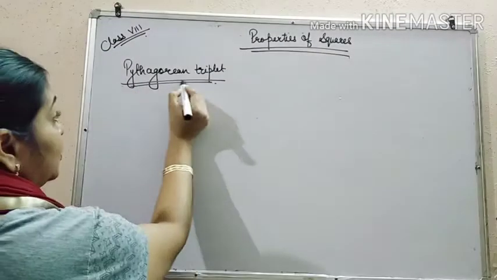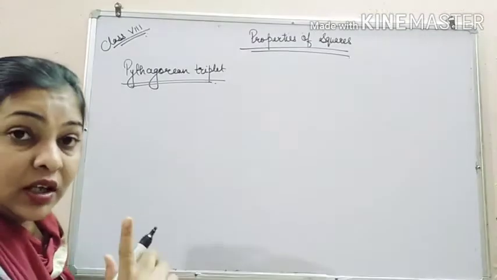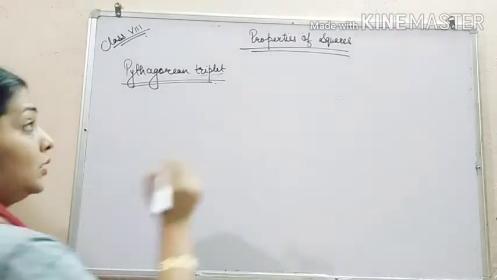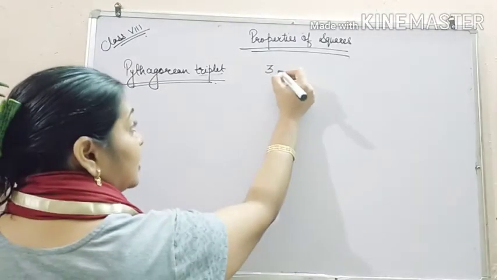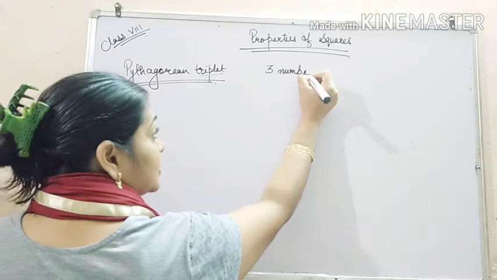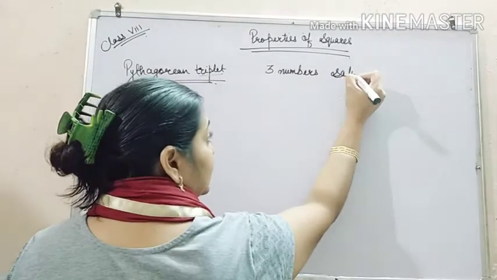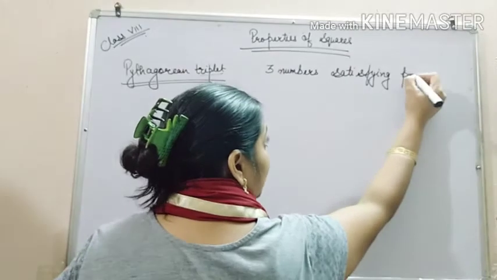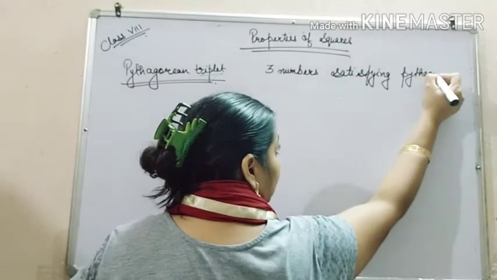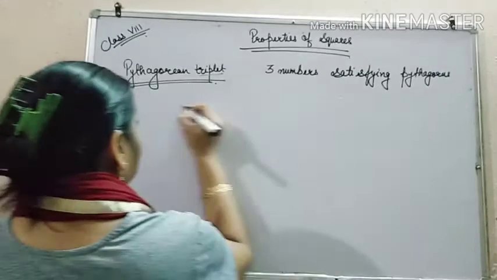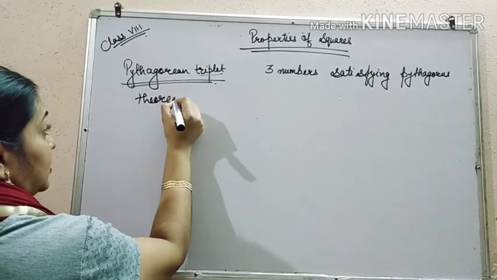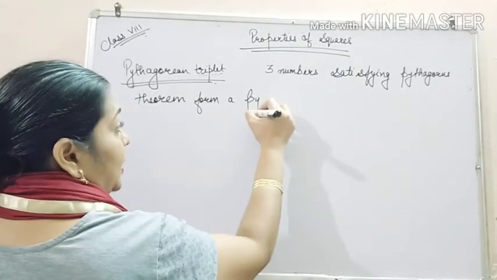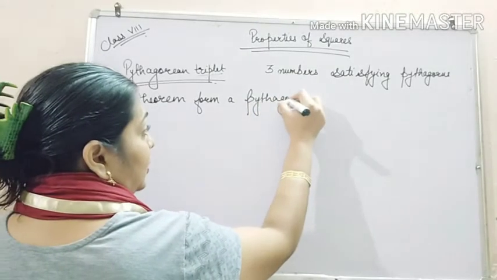Pythagorean. You know that Pythagoras was a mathematician. Triplet means three. So the three numbers satisfying Pythagoras theorem form a Pythagorean triplet.